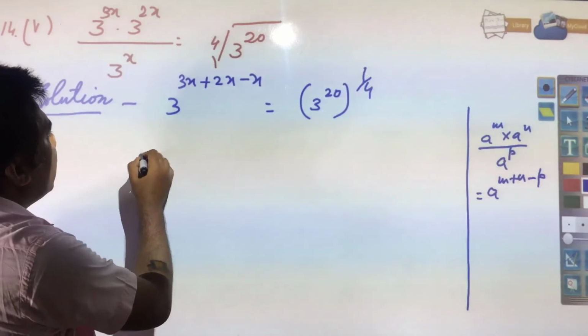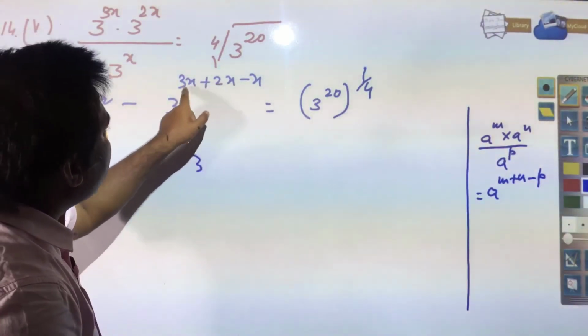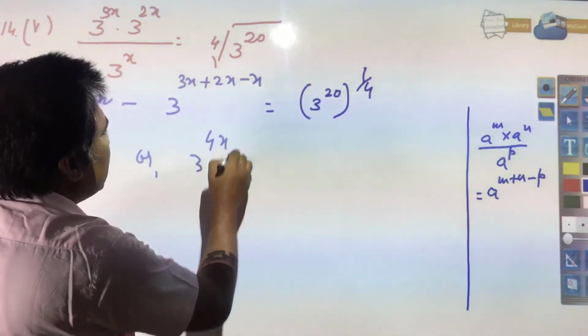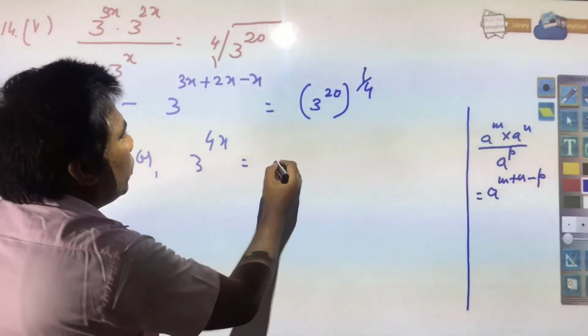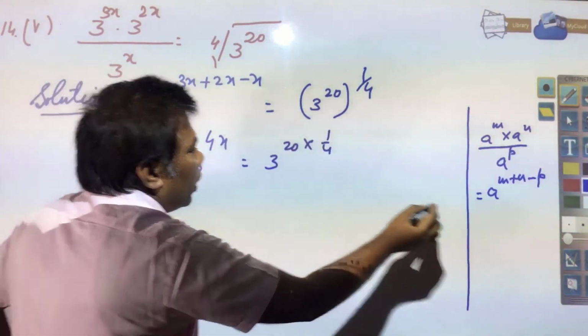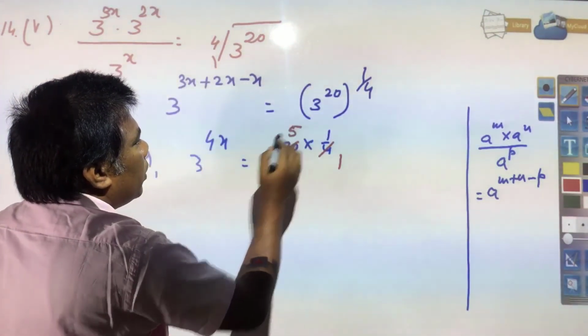Now, you see 3 to the power 3x plus 2x, 5x you have got, minus x is equal to 4x, and that will be equal to 3 to the power 20 into 1 by 4, and it will be cancelled, 4 1 ja 4, 4 5 ja 20.